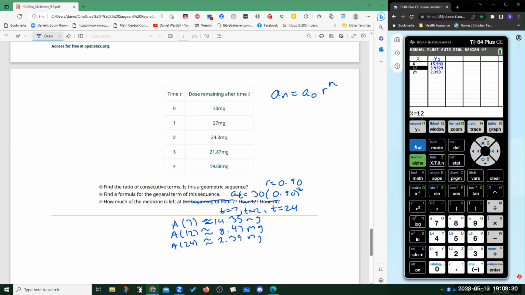So 6, 12, and 24 sound right for what they wanted us to do, because those would be usual times that you would draw blood and find out the levels. So they're just being tricky when they say at the beginning of the 7th hour, that means 6 hours have passed. And this is 15.94.